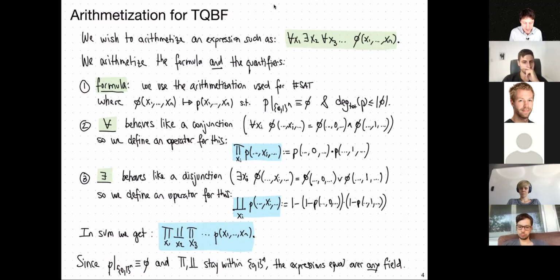Because here I'm plugging in only Boolean inputs, I'm basically doing Boolean logic with 0-1 arithmetic. So there's a well-defined sense in which this is an arithmetization of this one. Whatever value this has, if this one is 0, then this one is also 0. If this one is 1, this is also 1, regardless of which field we're using for the arithmetic.